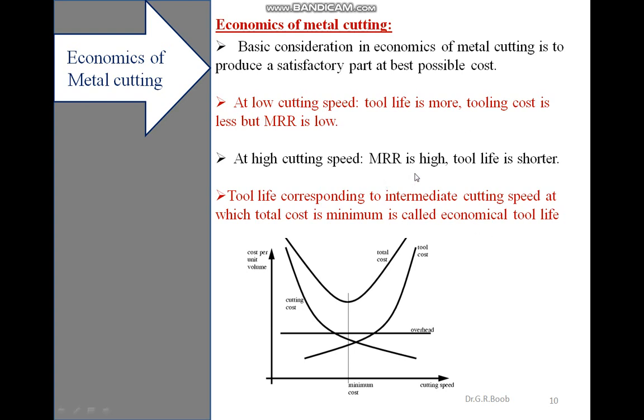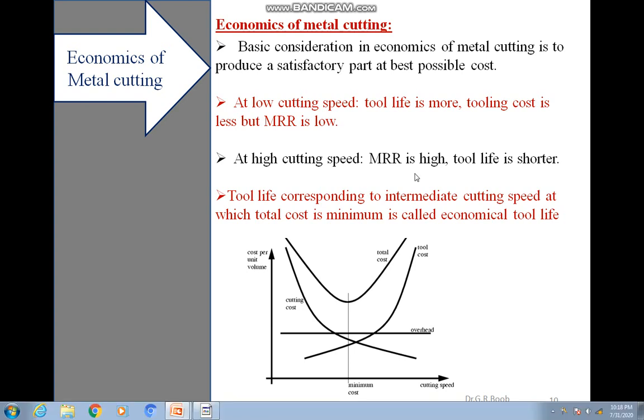Metal removal rate will be high, but tool life will be shorter, because we have seen tool life decreases with increasing cutting speed. So we need to find the balance between cutting speed and tool life so that we can reduce the total cost. The tool life corresponding to the intermediate cutting speed at which total cost is minimum is called economical tool life.